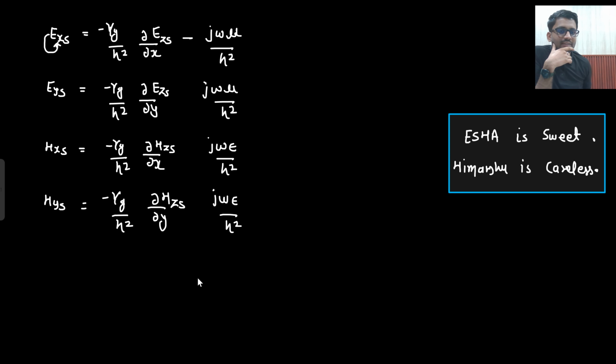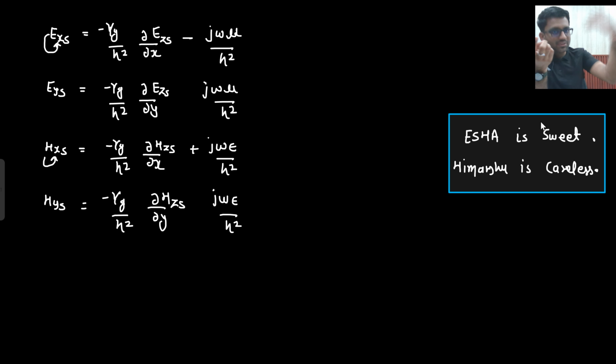And Himanshu is careless, so Himanshu's ex will be positive because she lost a careless guy. So Himanshu's ex will be positive, but Isha's ex would be negative because Isha's ex lost a very sweet girl. So that guy would be negative, but Himanshu's ex lost a careless guy, so that girl would be positive, right? So this is the way to remember. EX, Isha's ex would be negative and Himanshu's ex would be positive, because Isha is sweet and Himanshu is careless.